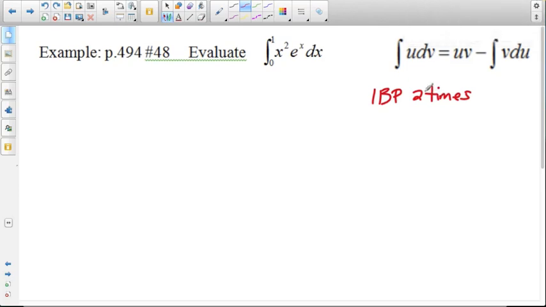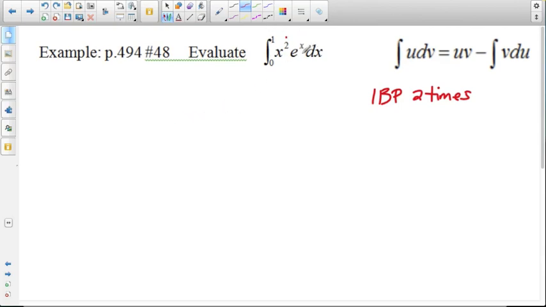If we just key into the power here, if that power is 3, we're going to have to use integration by parts 3 times. If it's 4, 4 times. So this becomes quite a lengthy process when you consider doing it over and over.